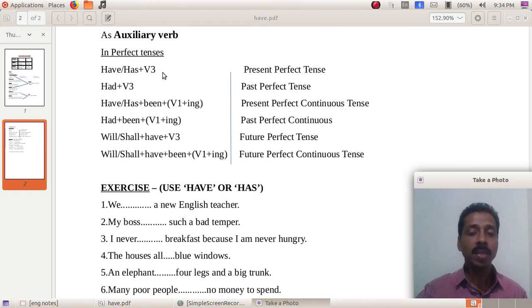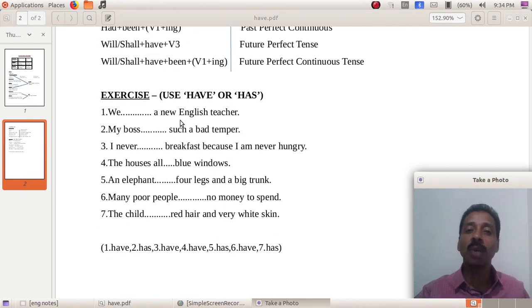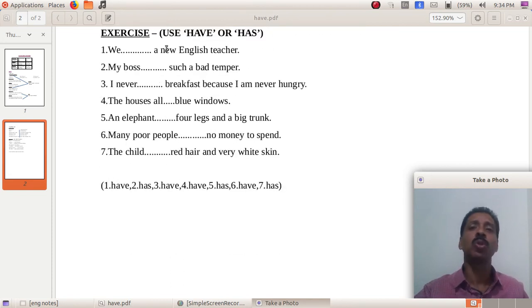Okay, then based on the uses we have discussed, there is an exercise given, that is, you have to use have or has. It's a very simple one. There is nothing difficult, but we will just come to that exercise also. We dash a new English teacher. Is it have or has?